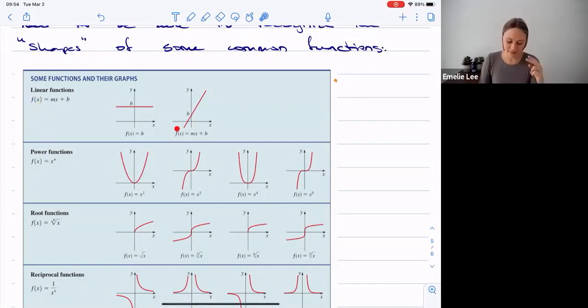And then it depends on what the function is, so it depends on the slope and the intercept, but in general, we know what a straight line looks like.